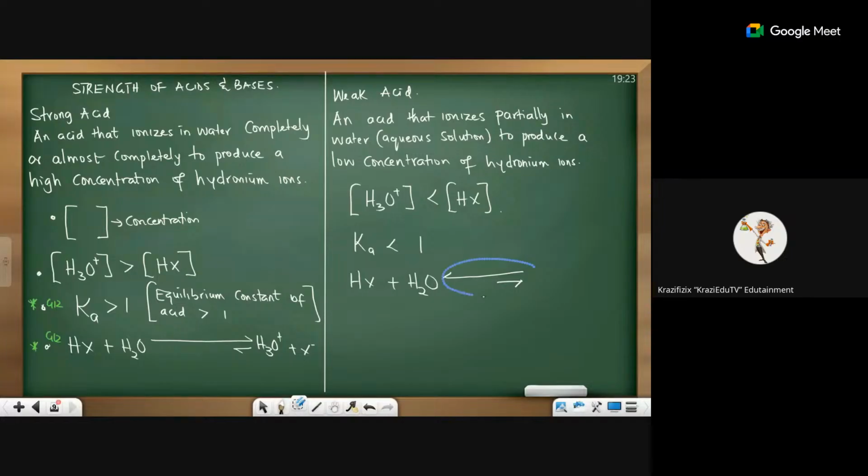I want the reverse, the one going back, to be longer. An acid that ionizes partially. So you would see one is complete, the other one is what? Partial. The one that is complete will produce a high concentration of hydronium ions.